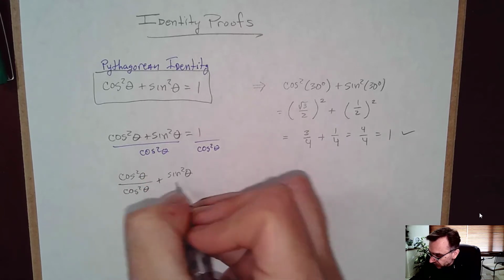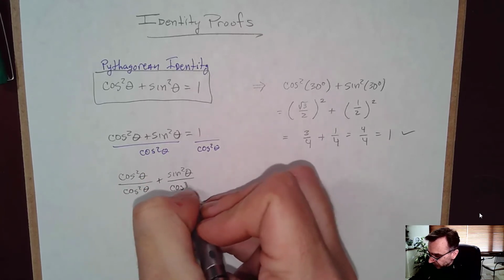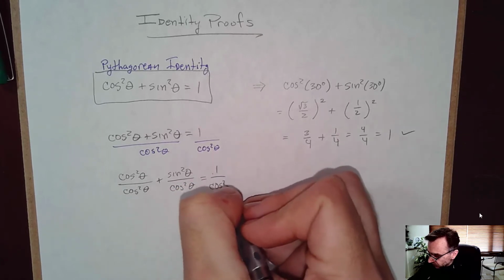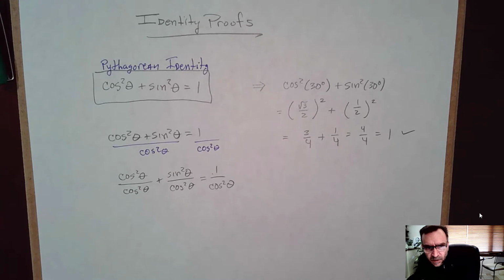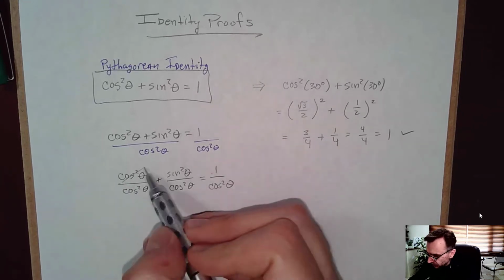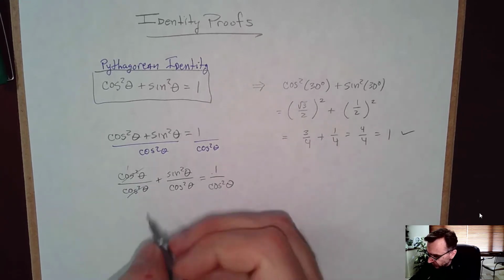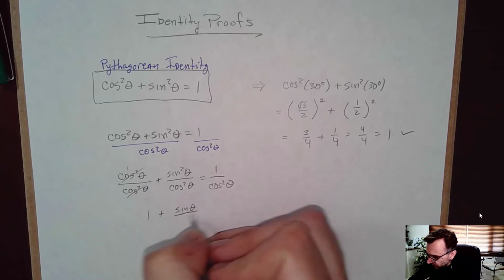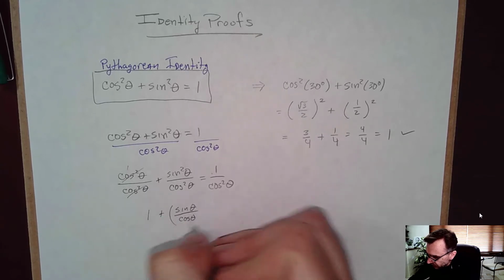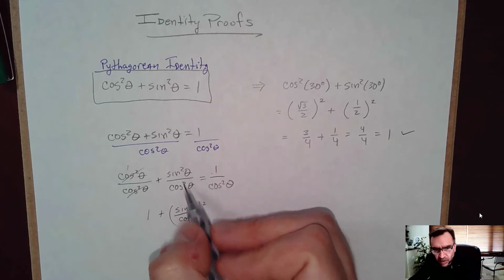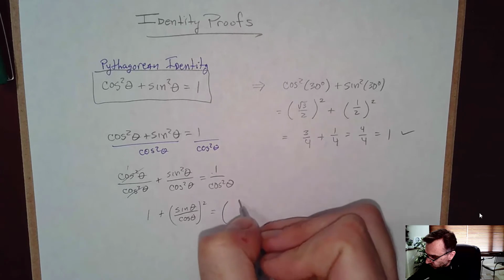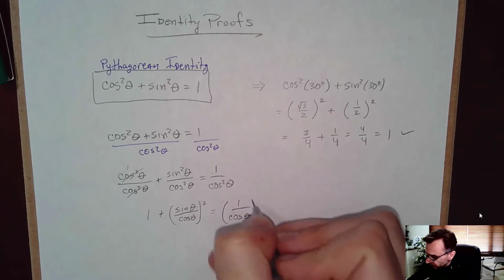Sine squared theta over cosine squared theta equals 1 over cosine squared theta. Okay, and then here you can see cosine squared cancels, and when that happens you get a 1. So 1 plus sine theta over cosine theta squared, we're squaring both of those, so that's the same as sine over cosine squared, equals 1 over cosine theta squared.